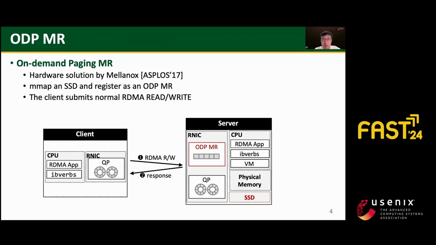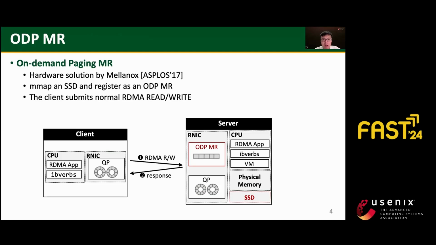With an ODP-MR, what you need to do is just mapping an SSD and registering the virtual address area as an ODP-MR. The client submits normal RDMA read or write to access data on an ODP-MR.